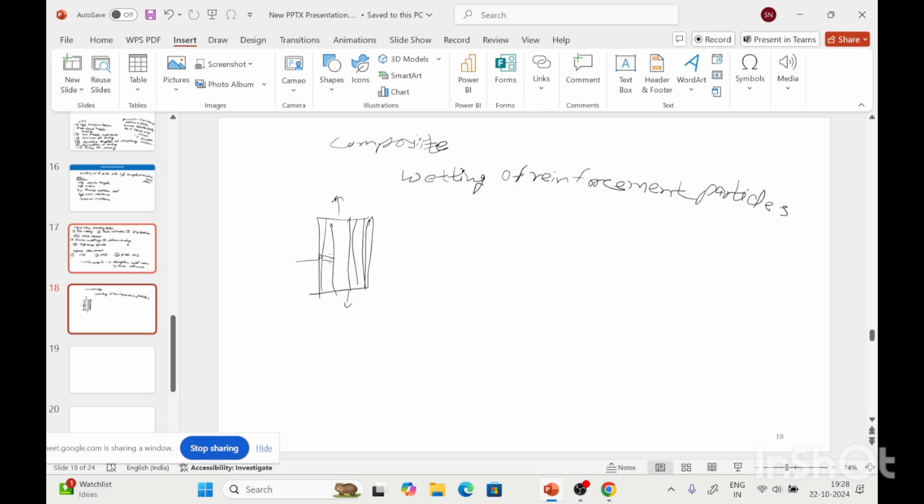The contact angle between the reinforcement particle and the liquid matrix should be less. As the contact angle is less, the energy associated with the nucleation of grains will decrease, which means the energy barrier will be low if the contact angle is low.